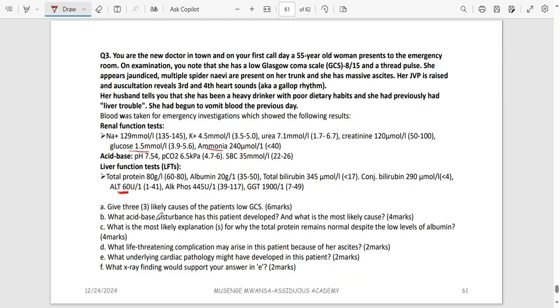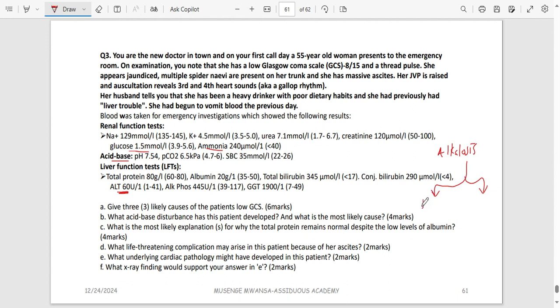Number B, what acid-base disturbance has this patient developed, and what is the most likely cause? If you look at pH, it's here, 7.45. That's alkalosis, isn't it? But you want to see the cause of the alkalosis. You are looking at carbon dioxide and bicarbonate.